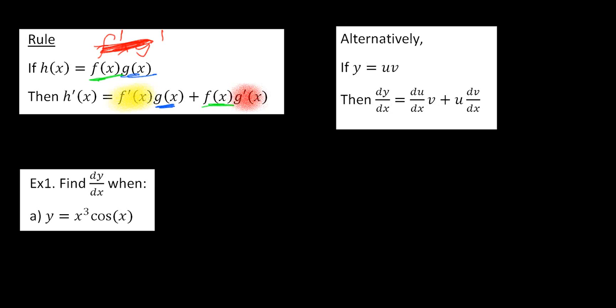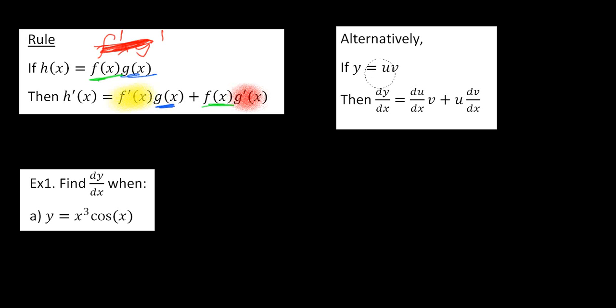So alternatively, you can use another notation for this. Generally this is when you want dy dx and your original function is in the form of y. You can imagine that instead of having two separate functions, you can make two appropriate substitutions for two things multiplied by each other.